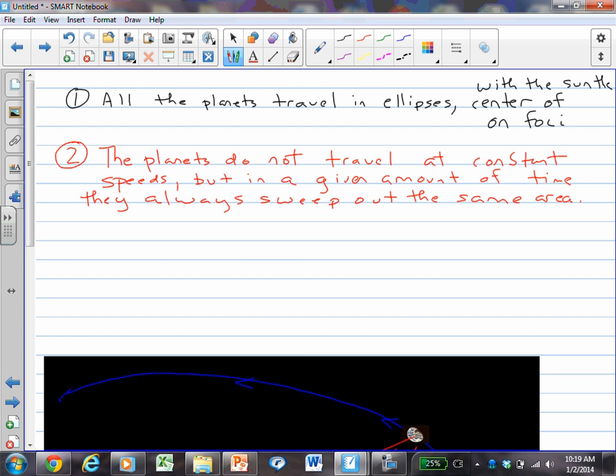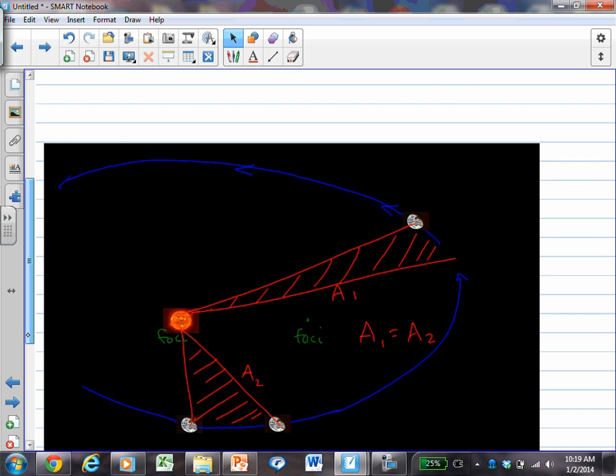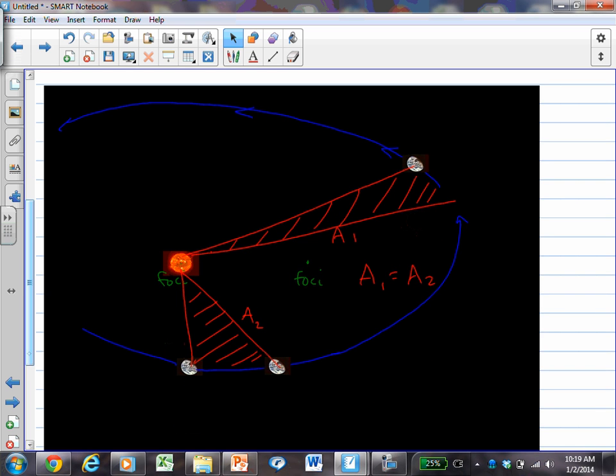So if we go down to our figure down here again, we see that even though in position A1, the Earth moving around the sun has moved less distance than in position A2, the areas of A1 and A2 are equal areas that are swept out.